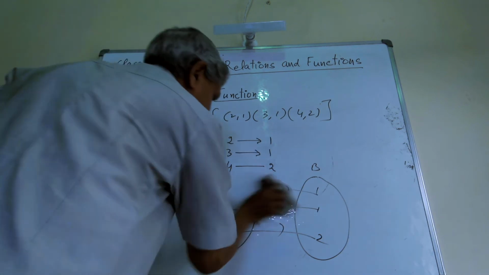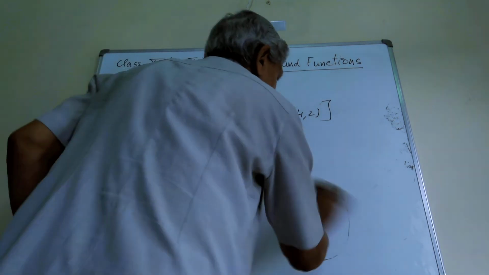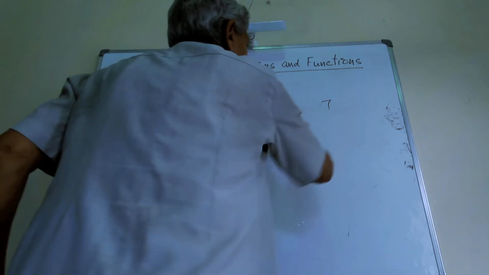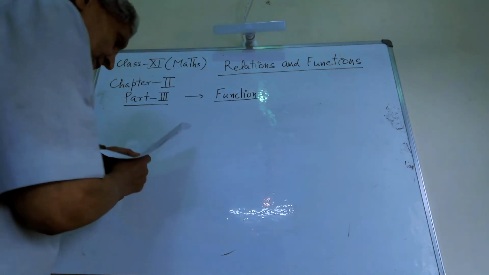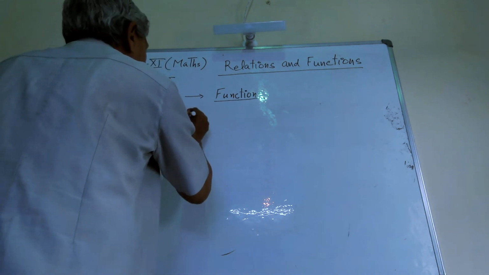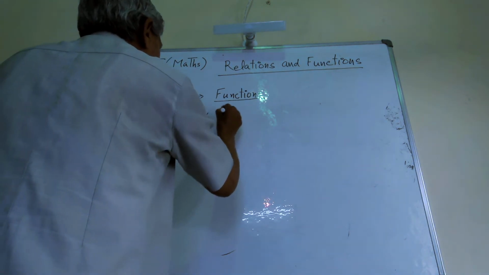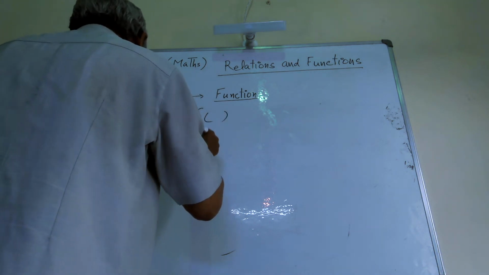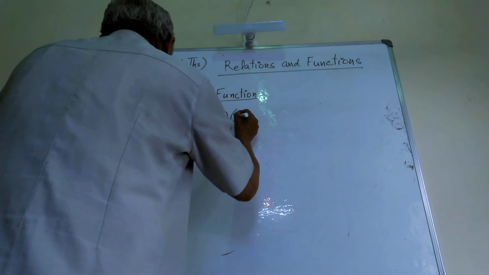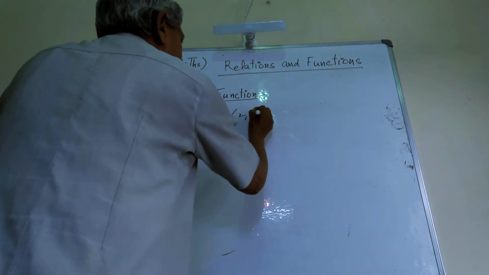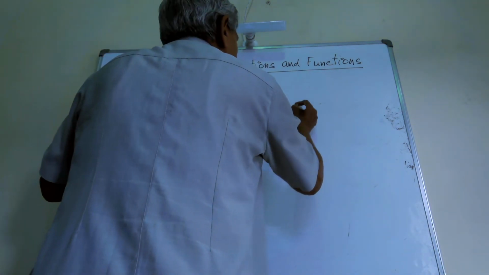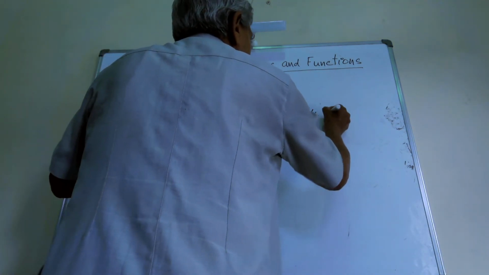Another example. I will try to make this concept very clear to you. I am giving you one more example. Now there is a relation R: 2, 2, and 2, 4, and 3, 3, and 4, 4.